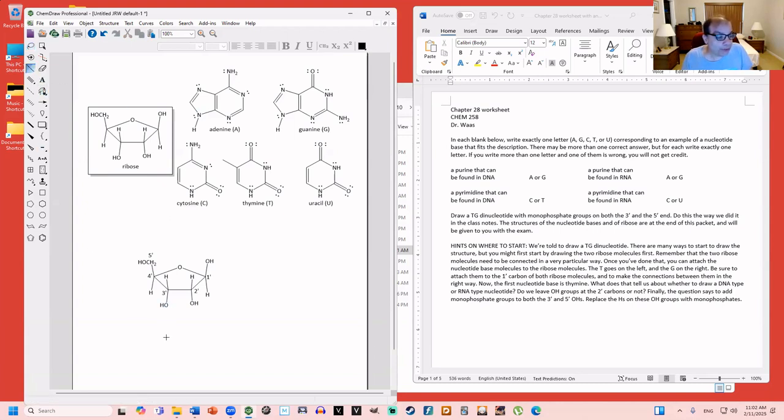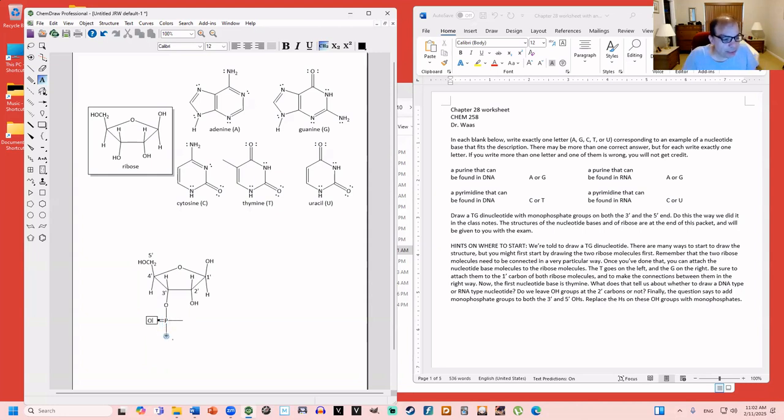One thing we're also going to say is we always form a monophosphate ester between the 3 prime carbon of the first sugar and the 5 prime carbon of the next sugar.